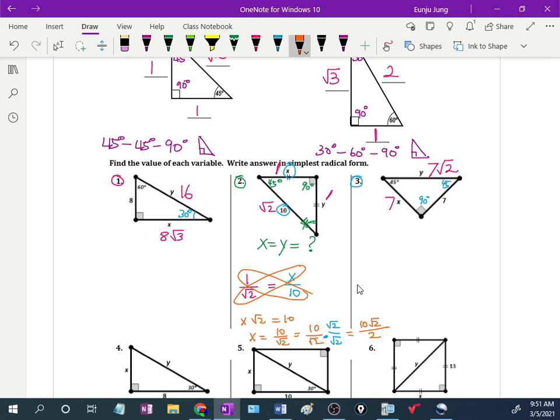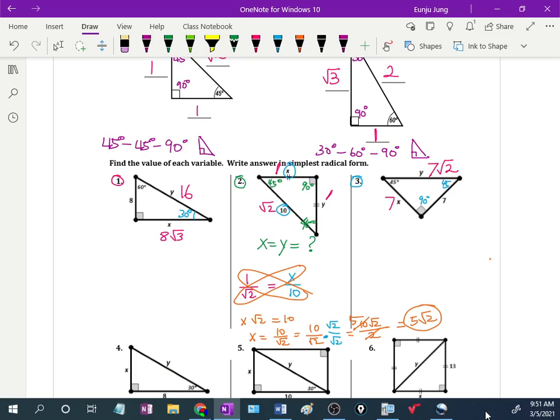That's rationalizing the denominator. Okay, now let's reduce it. 2 times 5, right? So the answer will be 5 root 2. So if you multiply 5 root 2 times root 2, what do I get? 10. So the diagonal is root 2 times longer. Okay, so we can verify that.